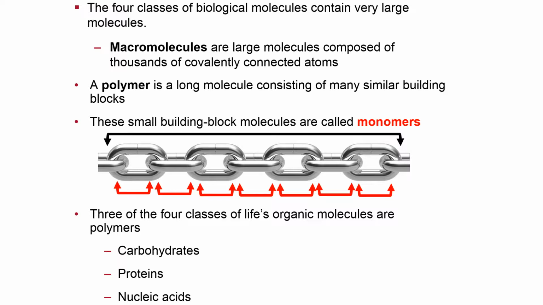These macromolecules, a majority of them we refer to as polymers. They consist of a series of similar building blocks that are covalently bonded to one another. The biological molecules that we consider polymers are your carbohydrates, your proteins, and your nucleic acids.